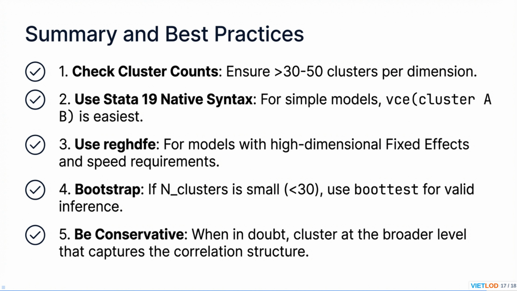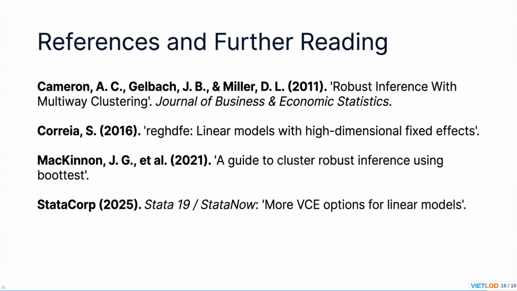Second, for simpler models that don't involve high-dimensional fixed effects, leverage the new Stata 19 native syntax. Specifying vce cluster A B is now the most straightforward and efficient method. Third, when dealing with models containing high-dimensional fixed effects or extremely large datasets, reghdfe remains the gold standard. Its efficiency in absorbing fixed effects makes it indispensable for speed and accuracy.